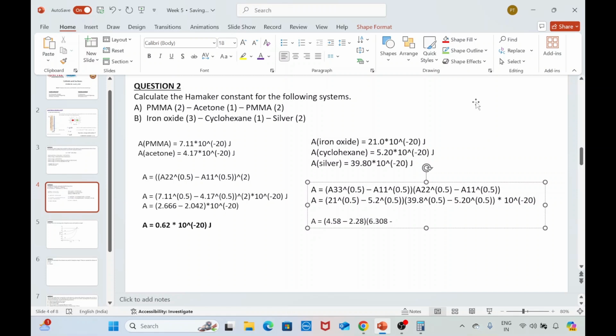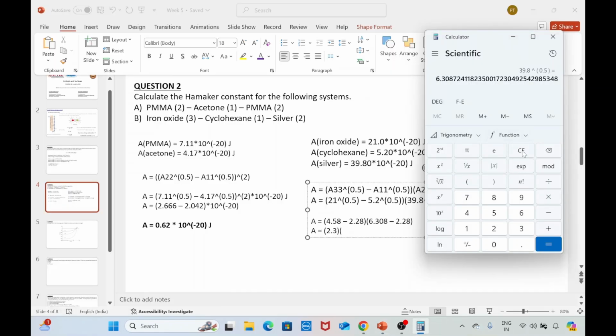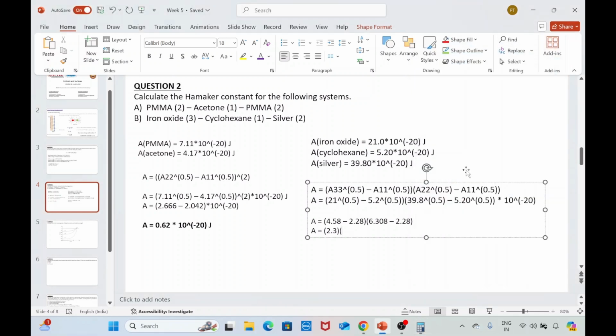So for the 5.20, since we have initially calculated, I'm going to take the value. So your Hamaker's constant value is 2.3 times, is it 4.1? Yeah, 4.028.